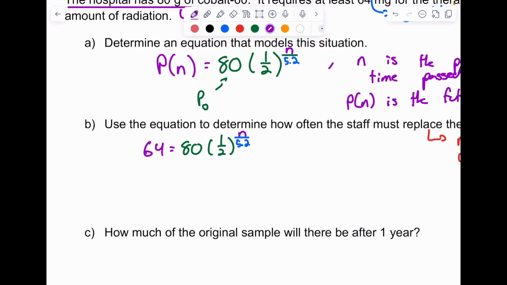It's a trial and error problem where you just choose values for n, and what you are trying to see is when you can get this right-hand side to roughly equal 64.